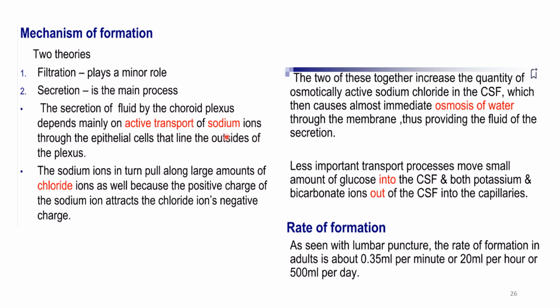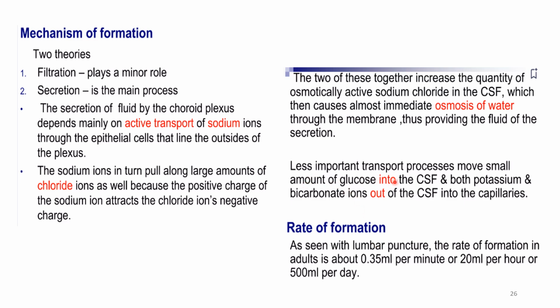When the sodium ions are transported, they will in turn pull large amounts of chloride ions, because sodium ion has positive charge and chloride ion has negative charge. So positive charge will attract the negative charge. These two together increase the osmotically active sodium chloride in the CSF. So osmotic pressure increases in the CSF and it will draw the water by osmosis.